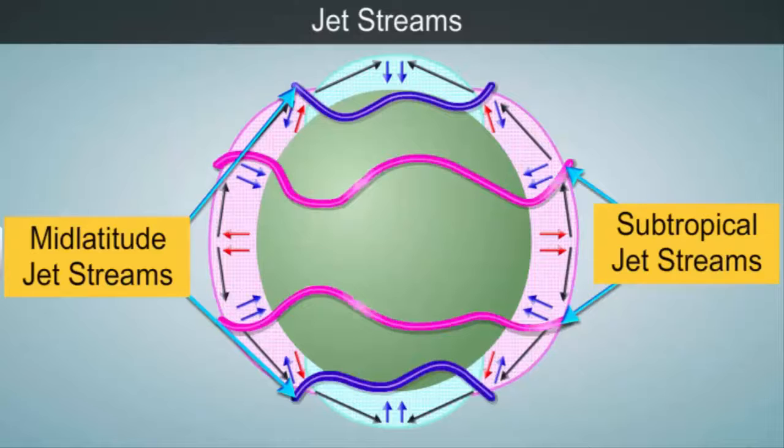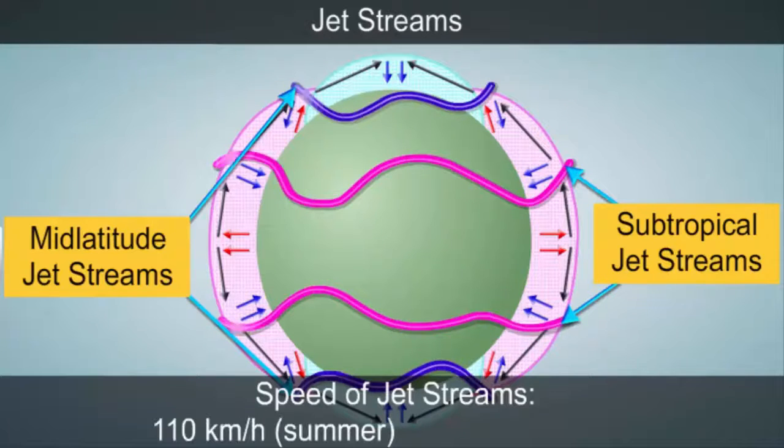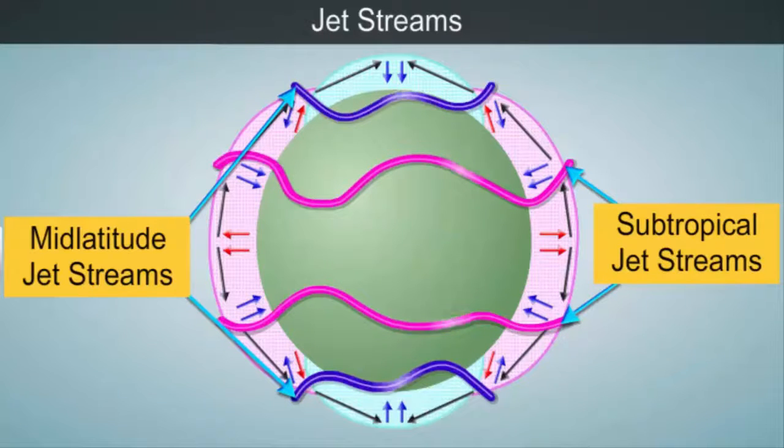Their speed varies from about 110 km per hour in summer to about 184 km per hour in winter. A number of separate jet streams have been identified. The most constant are the mid-latitude and the subtropical jet streams.